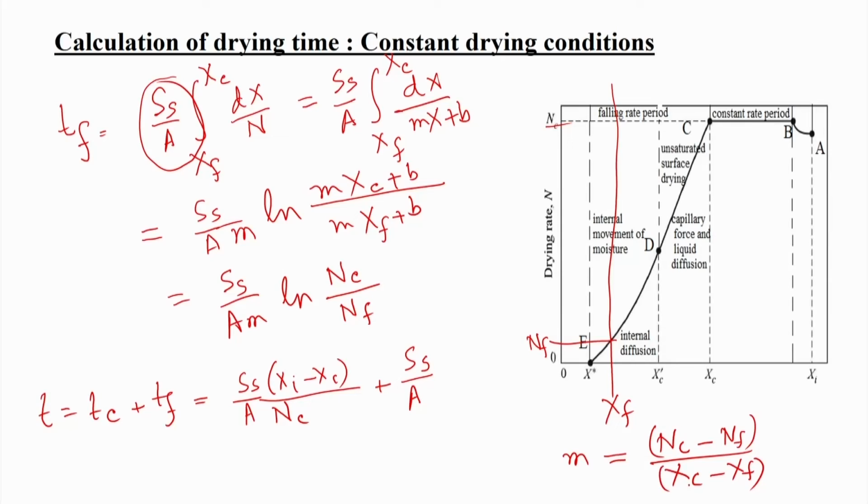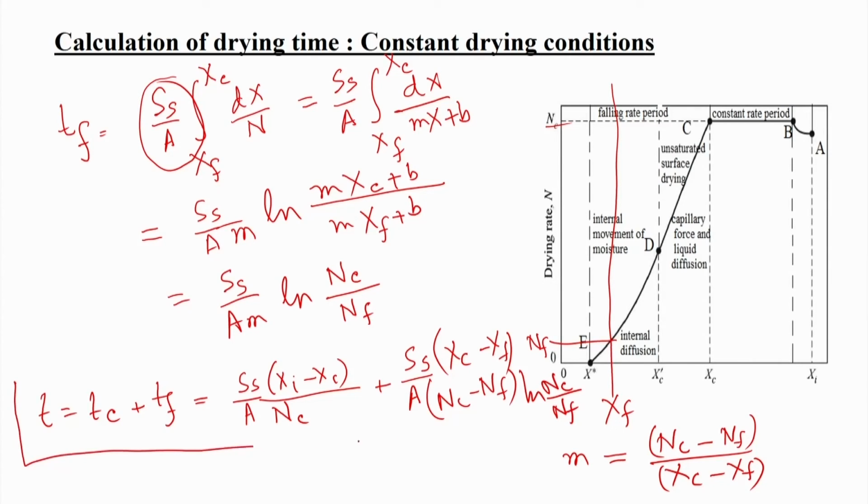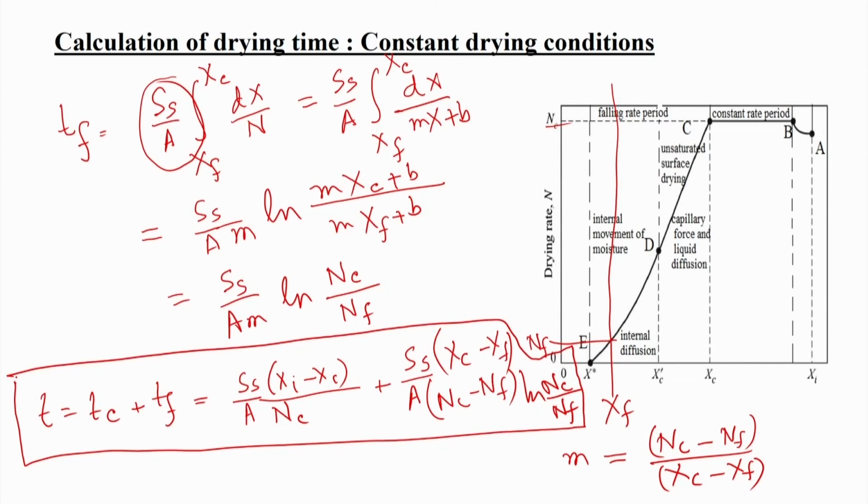So we will be putting m = (N_c − N_f)/(X_c − X_f) into ln(N_c/N_f). So this is the total time for drying using this falling rate, that is linearly falling.